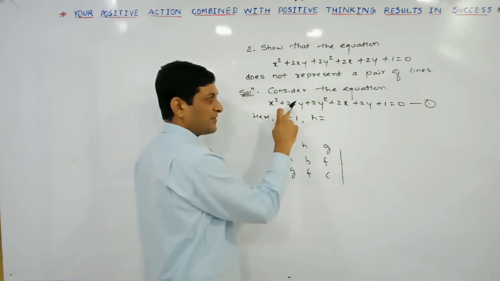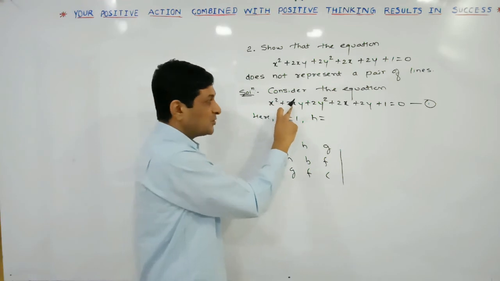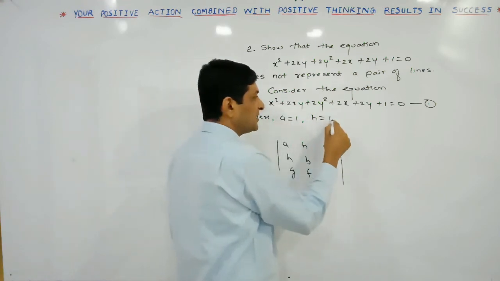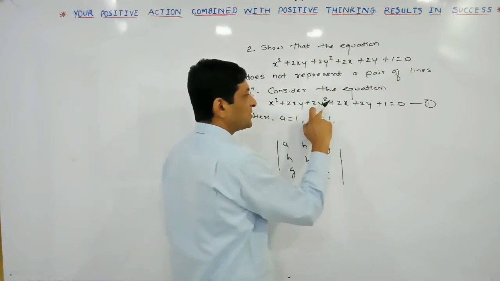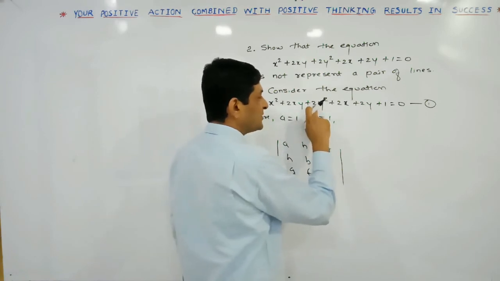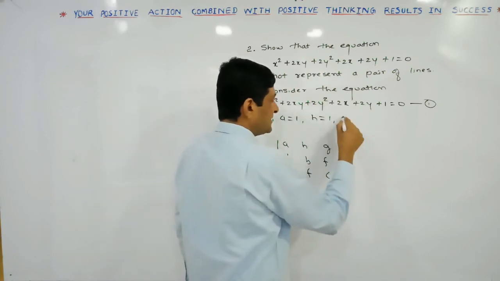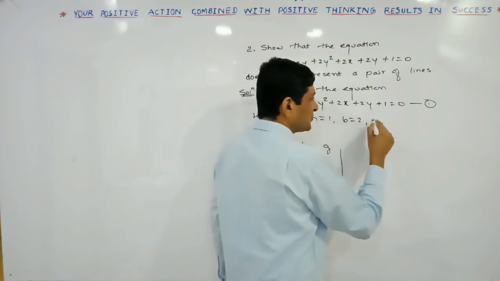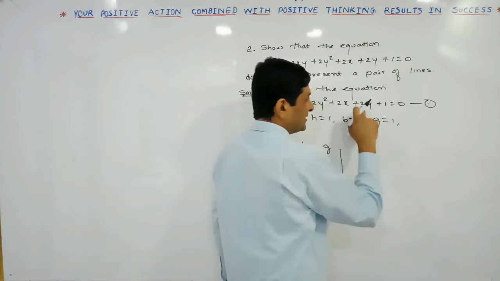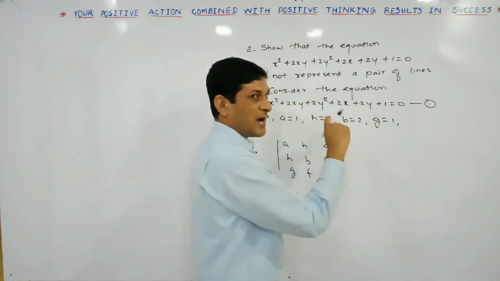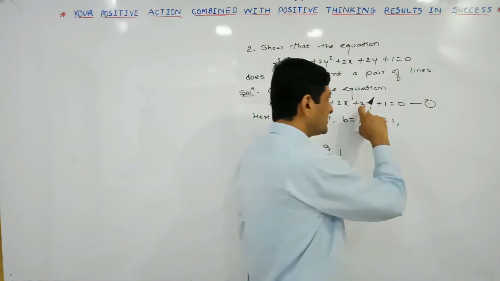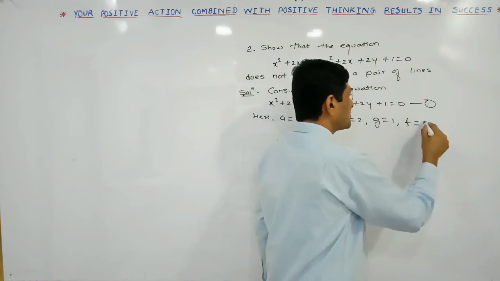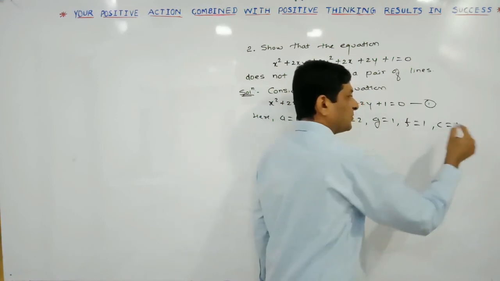Here the coefficient of xy is 2h, so 2h is 2, means h will be equal to 1. And what is the coefficient of y square? b is equal to 2 here. What is the value of 2g? 2g is 2, means g will be equal to 1. This is 2f. Coefficient of y means what? 2f. 2f is 2, means f will be equal to 1, and c is also equal to 1.